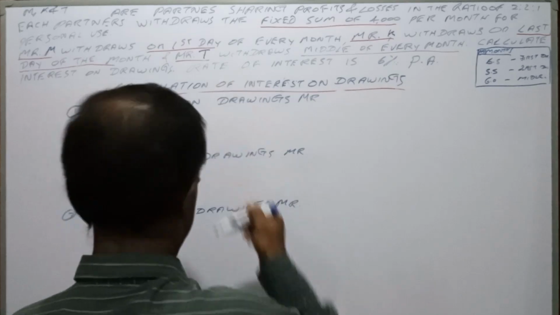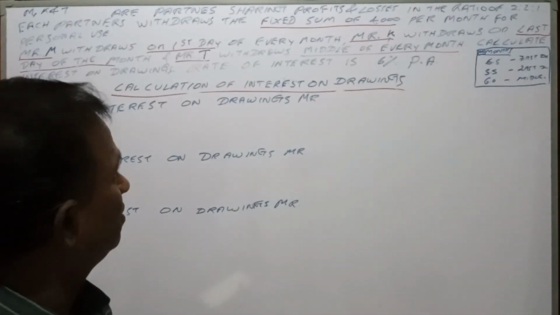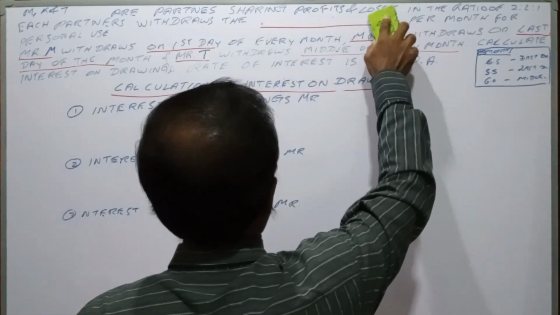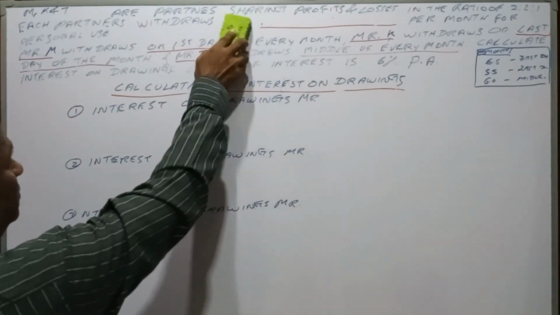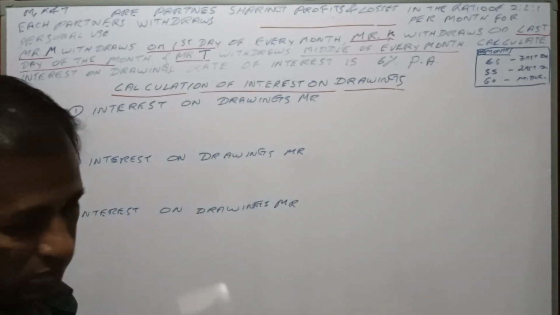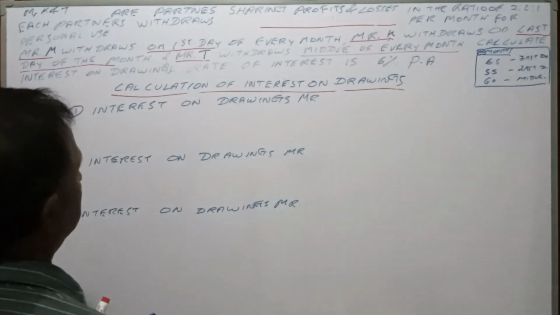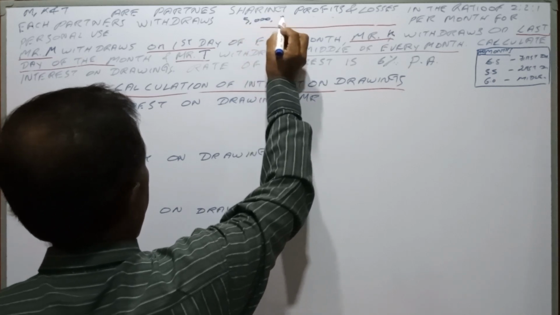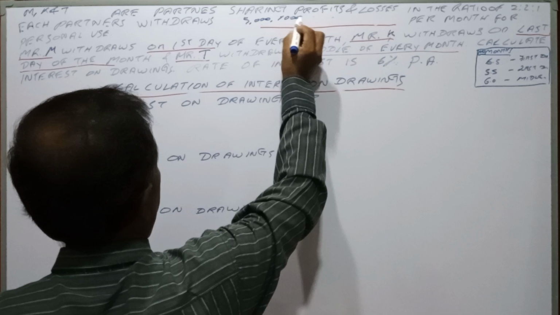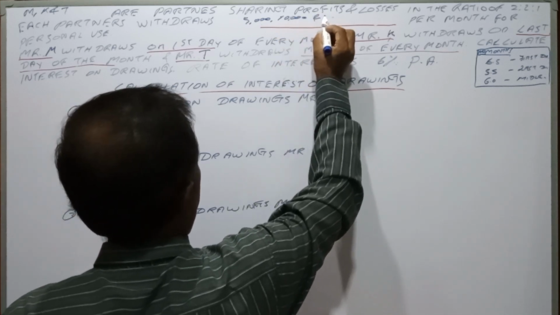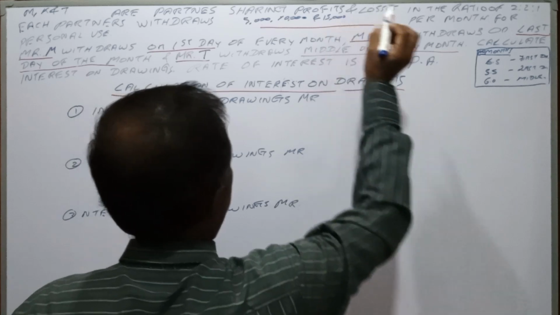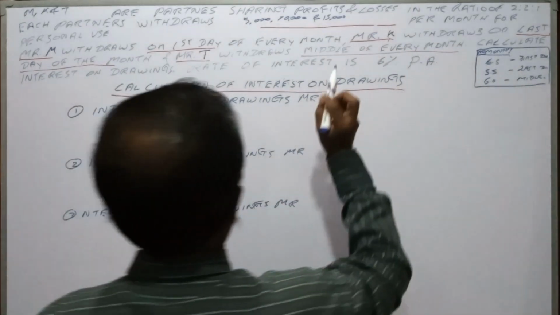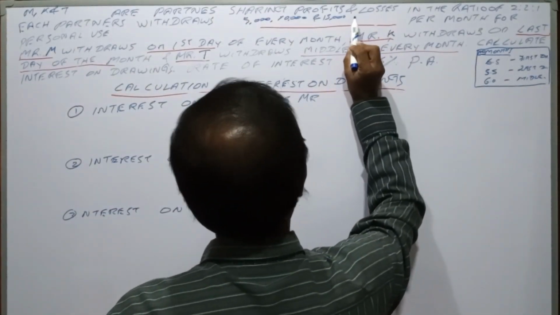Not a fixed sum, right? Here we can say they withdraw 5,000, 10,000 and 15,000 respectively.